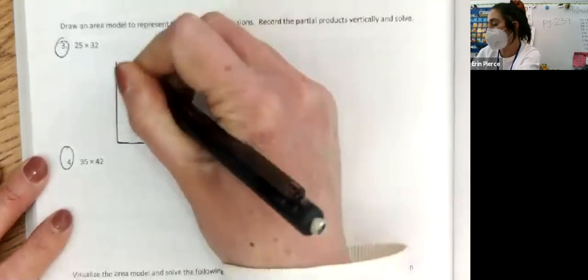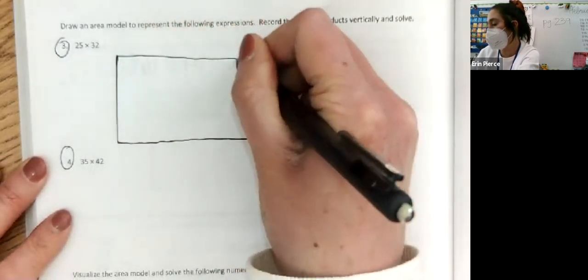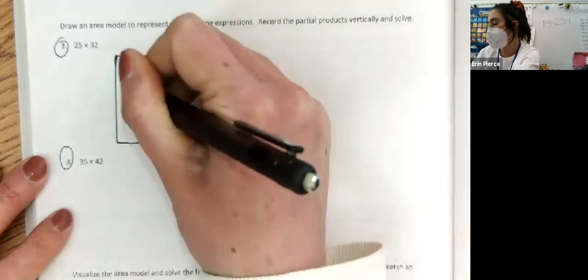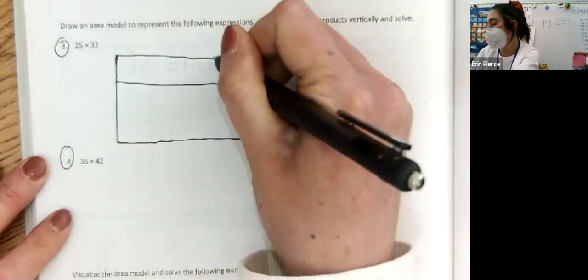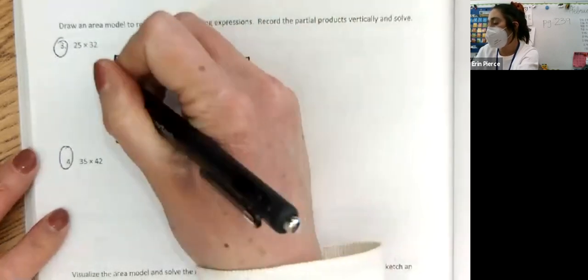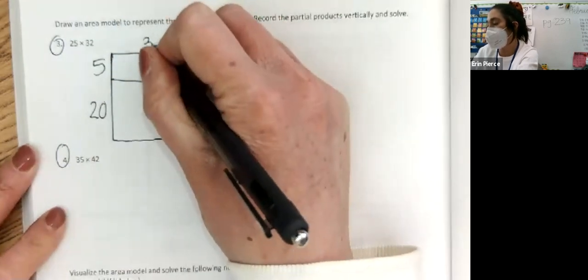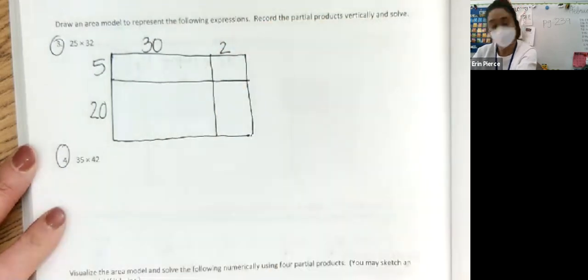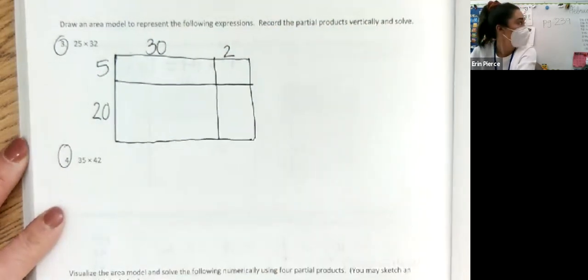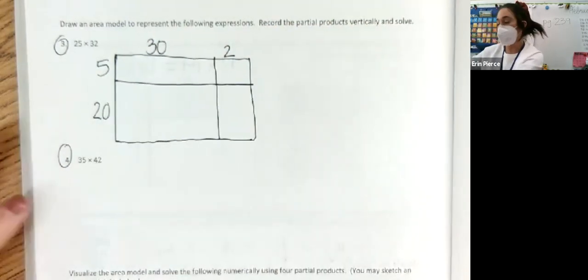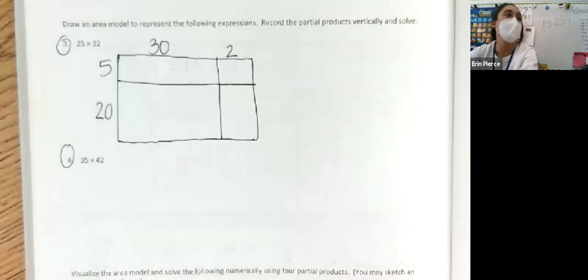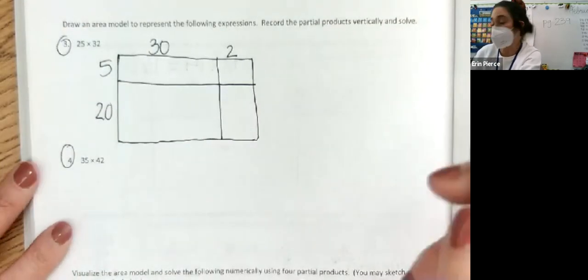I draw my area model. I have 25, 32. You guys have to do the multiplication and show what the problems are on the inside.